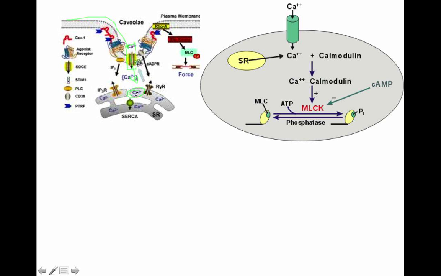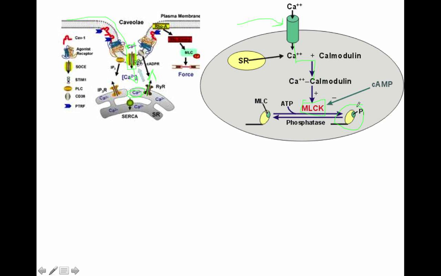This intracellular calcium binds to calmodulin, forming a calcium-calmodulin complex. This triggers and activates myosin light chain kinase, which in turn causes the myosin light chain to phosphorylate and bind to actin, resulting in a contraction.